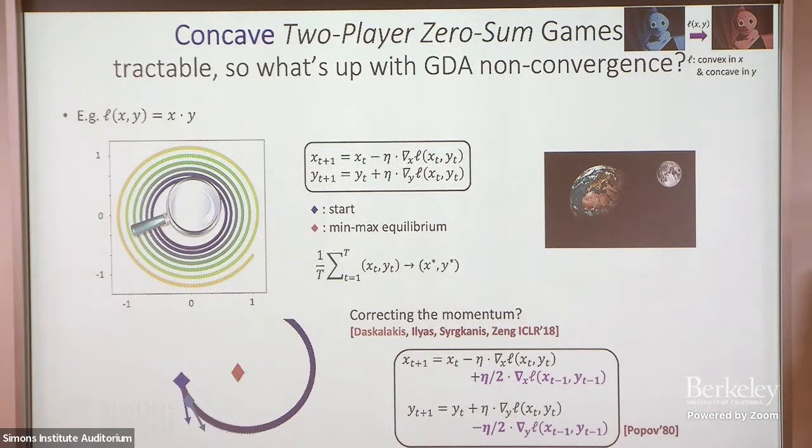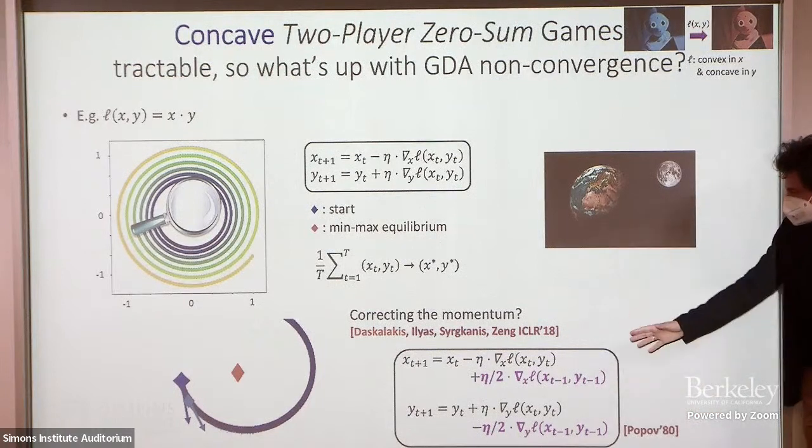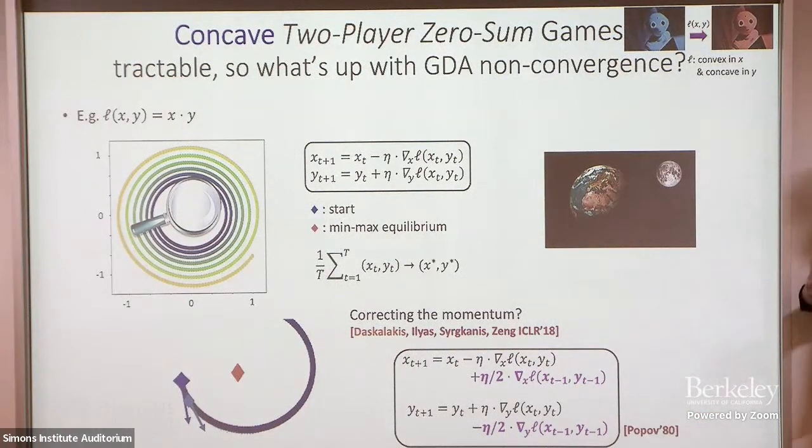There are ways. There are classical methods to do so. A few years back with Vasilis and Andrew and Zheng, we were thinking about GANs, and we proposed this question, and we identified methods known from classical methods that exhibit this last iterate convergence.